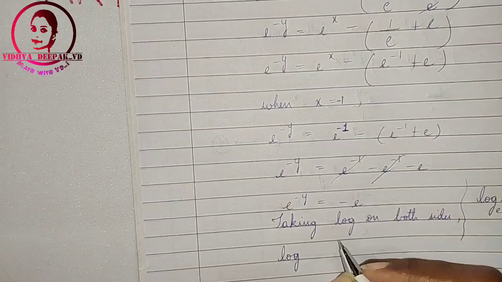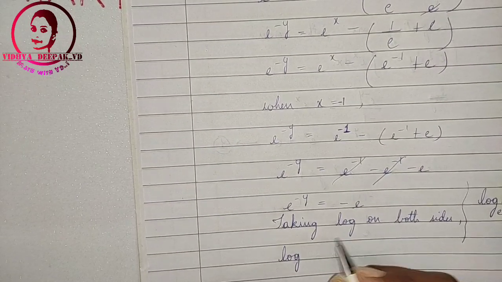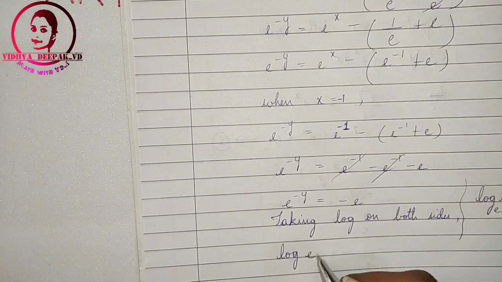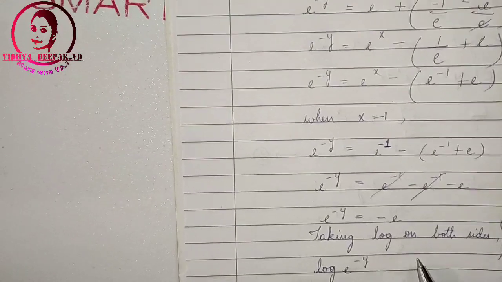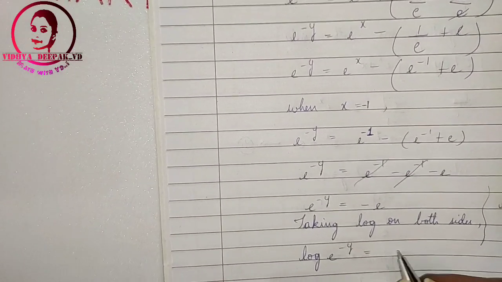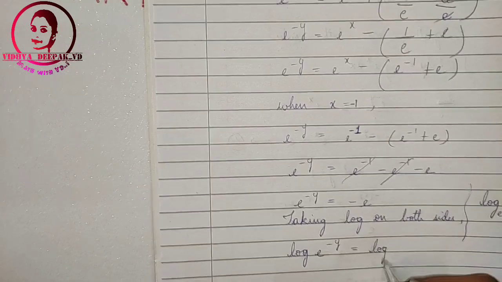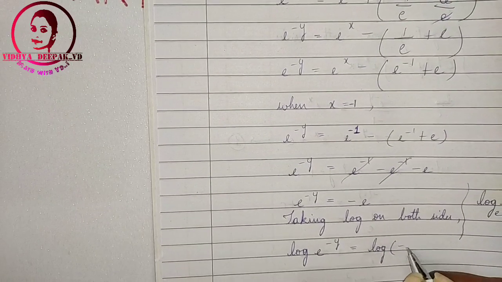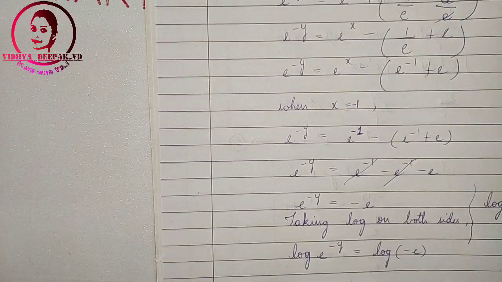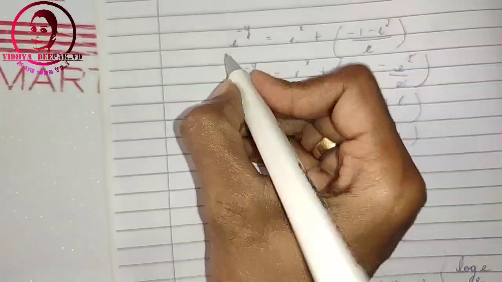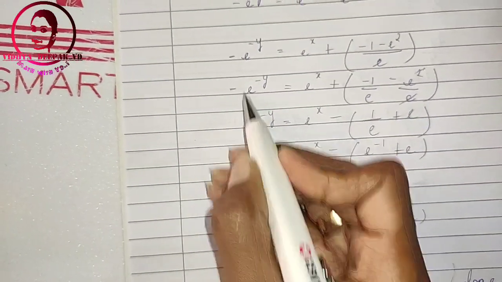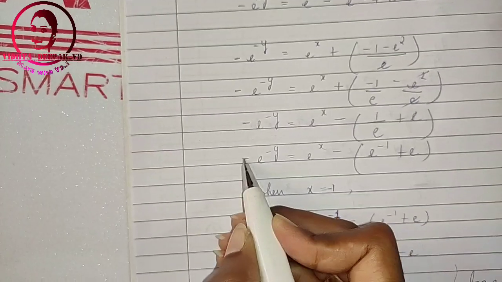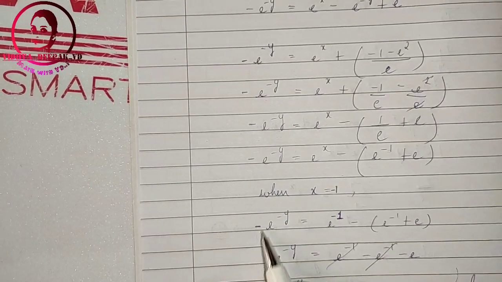Log of e to the power of minus y is equal to log of minus e. Okay, we had a minus sign here. Sorry for the mistake. When I wrote it this side, I missed this minus sign. So according to equation 1, we have a minus e to the power of minus y here.